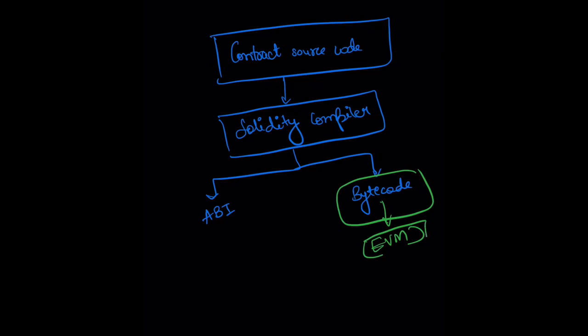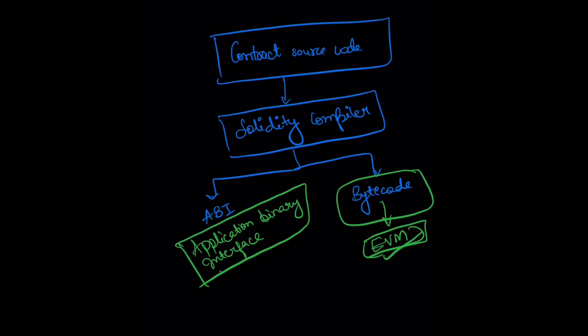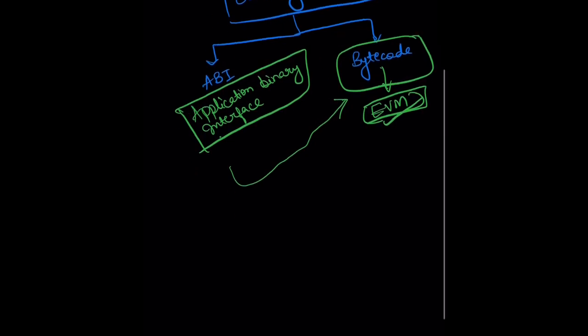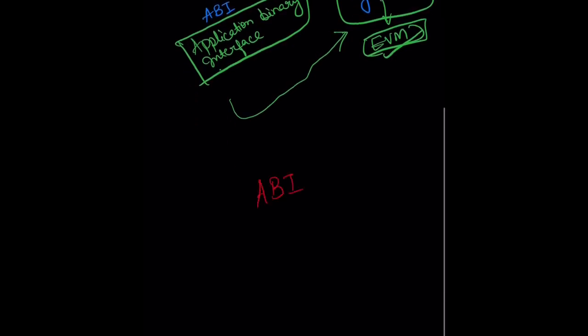Now this bytecode is what gets stored on the Ethereum network, on the Ethereum Virtual Machine, the EVM, to be technically correct. And this ABI is known as application binary interface. We'll take a look at it in just a bit. So the application binary interface is how you talk to this bytecode on the EVM.